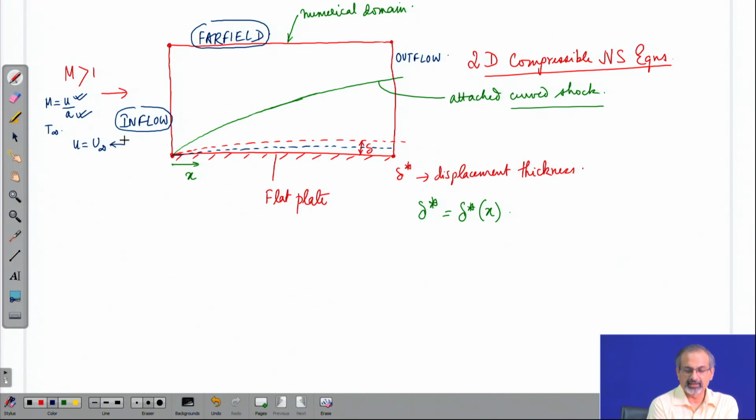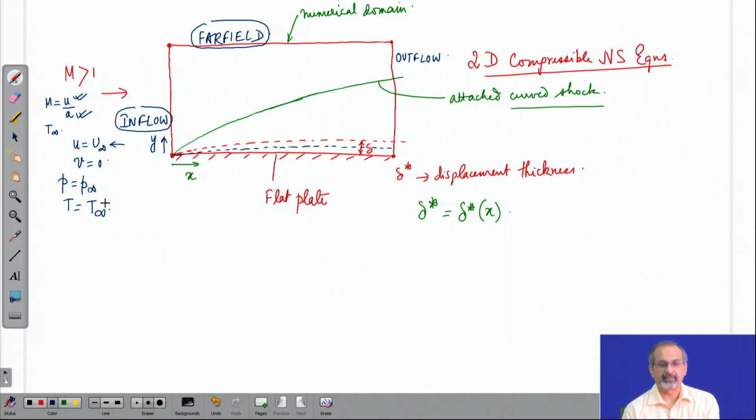So, that will be assigned as u infinity, v will be 0 because the flow is parallel to the x axis, and then you can set the values for pressure and temperature. You should be able to work out the rest, and of course, you apply the simplifications that we have already discussed about, that it is a calorically perfect gas.